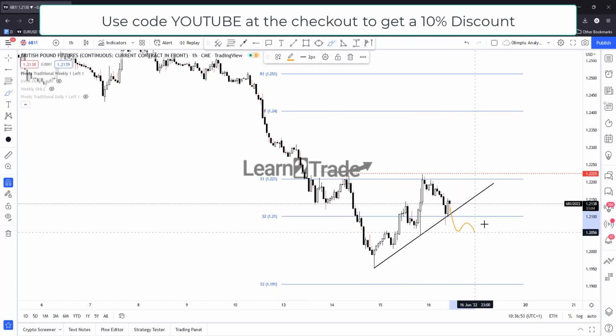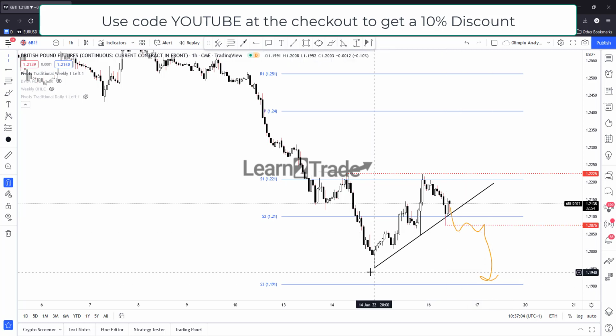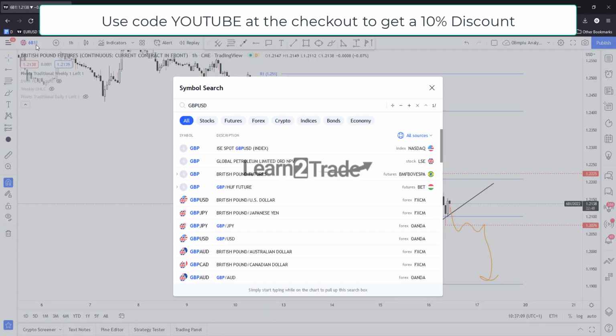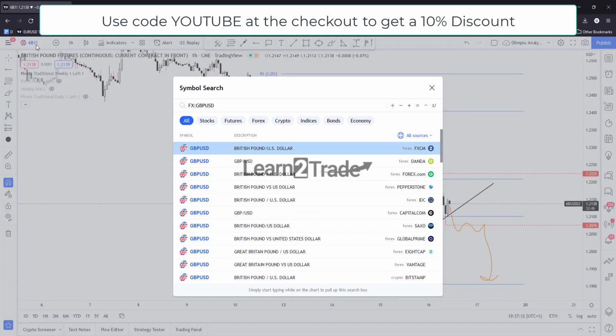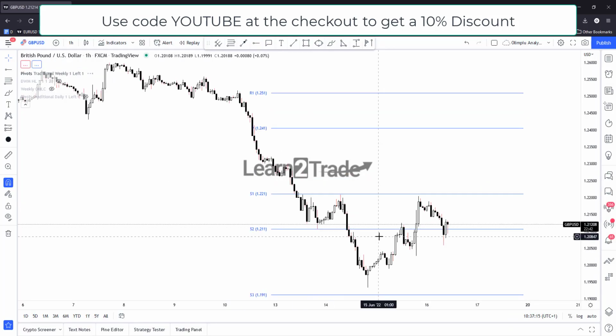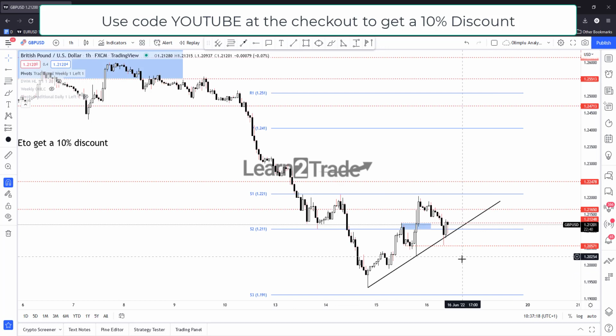And a breakdown below the uptrend line, a new lower low, could open the door for a potential sell-off, a deeper drop, at least towards this former low, and this scenario could signal that the British pound could depreciate versus the other major currencies. Personally, I'm looking for this in British pound versus the US dollar.